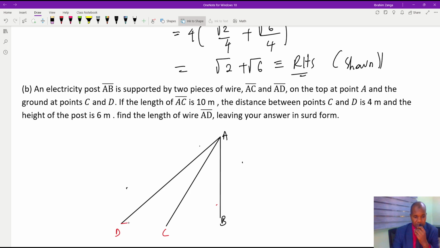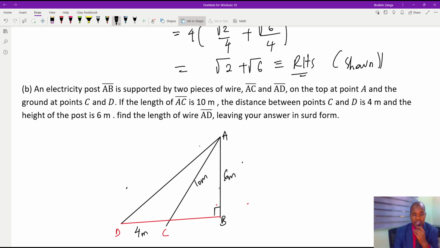And we were informed that the distance between D and C is 4 meters. So this distance here is 4 meters, and the AC is 10 meters. AB is 6 meters.